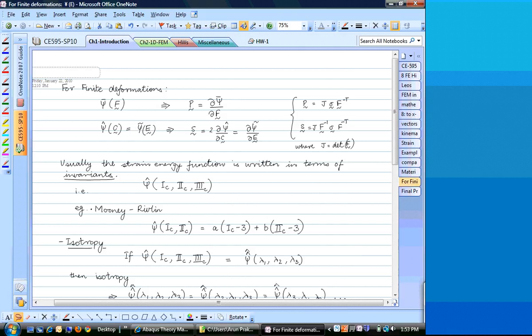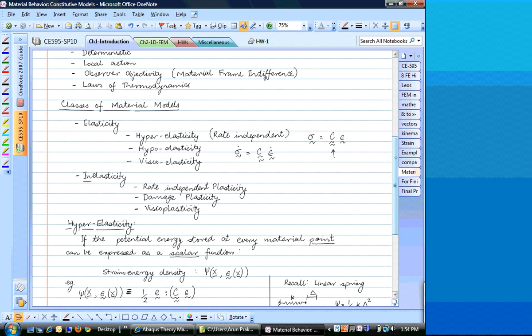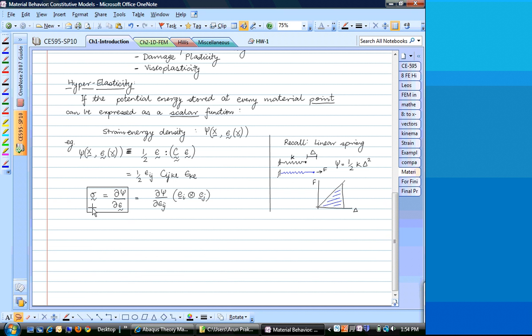Now if you take a look back on the first page also, on this page I said that sigma, the Cauchy stress, is the derivative of this function with respect to linearized strain.